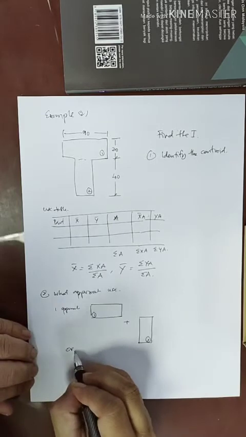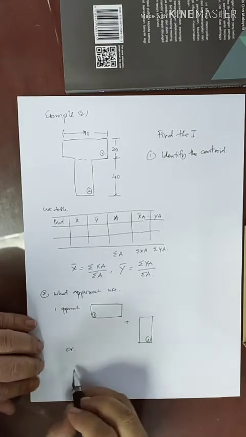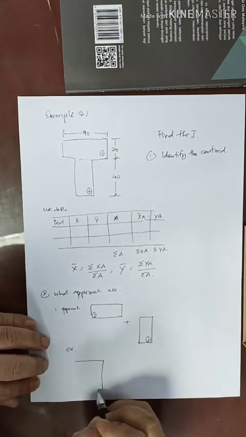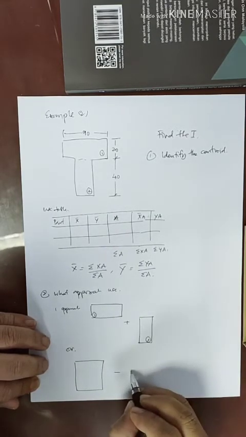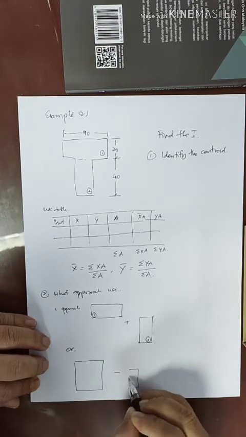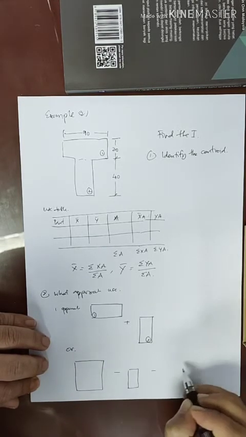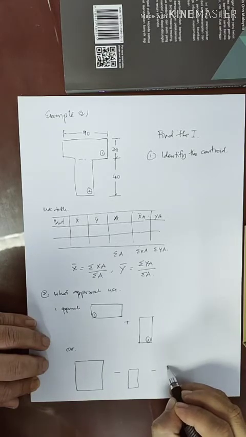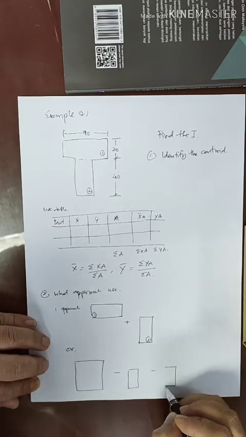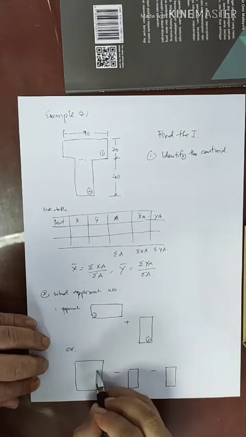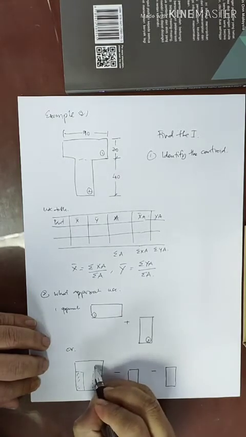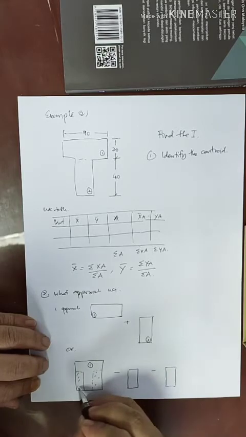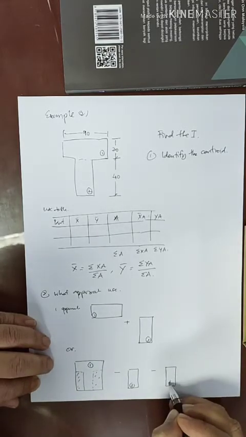Or I can also use the whole block, and then I minus the left side and also minus the right side. So I have here 1 minus 2 minus 3.